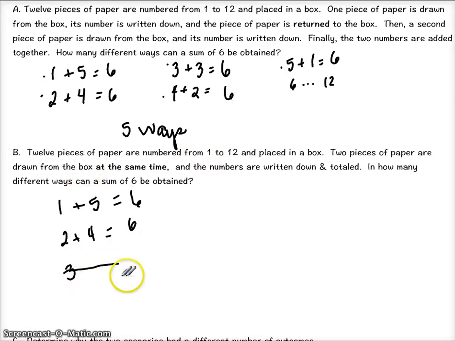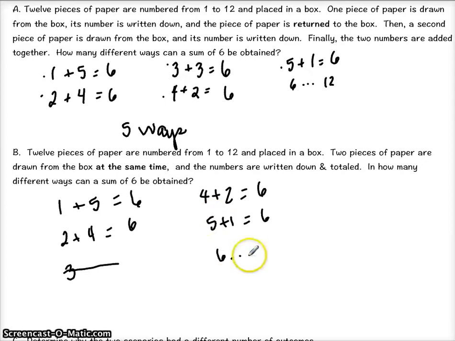So I cannot have 3 plus 3 in this situation. I can draw a 4 plus 2 and a 5 plus 1. And again, anything 6 or higher is not going to give me a sum of 6. So in this case, there are 4 ways that I can obtain a sum of 6.